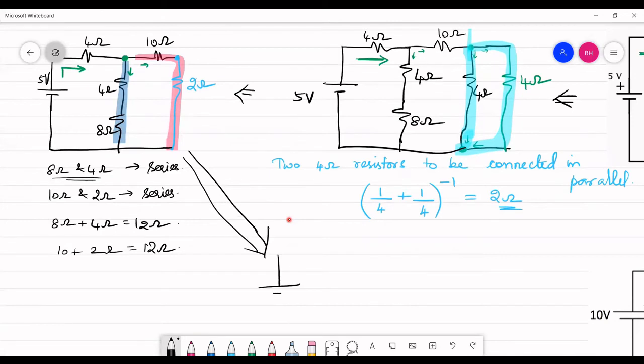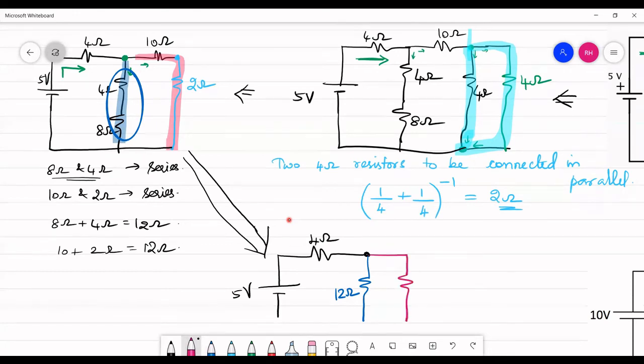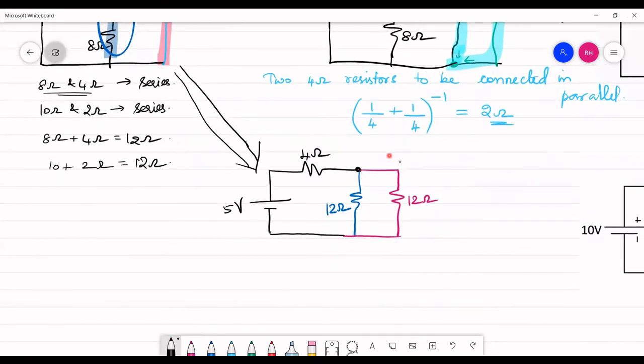So whatever I haven't touched, 5 volt, and here 4 ohm. Here you have 4 ohm and 8 ohm together, right? Which is added together to give 12 ohm. And here we have another 12 ohm. Now you could see that these two resistances are connected in parallel.